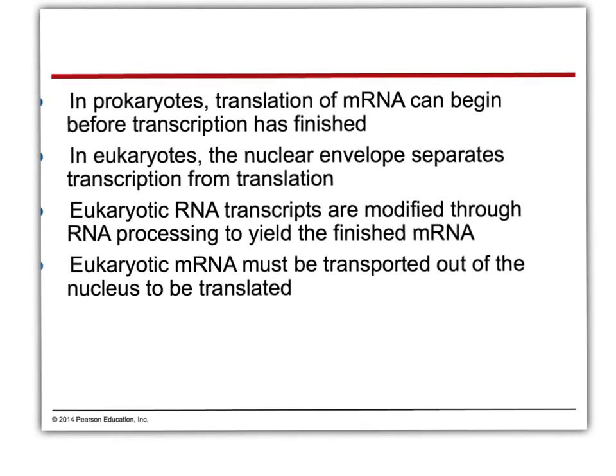acids. Okay? Now, some inherent differences between prokaryotes and eukaryotes. Okay? What is the main difference between a prokaryote and a eukaryote? Well, a eukaryotic cell and a prokaryotic cell is still unicellular.